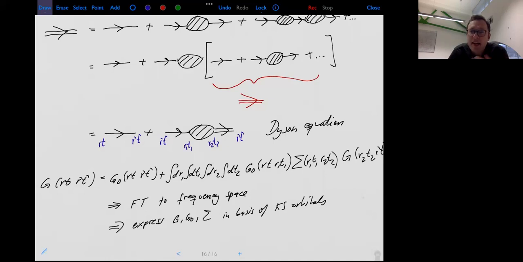We have established in the last lecture that the non-interacting Green's function is a diagonal matrix in that basis. And it turns out that it is often a good assumption to treat also sigma and G as diagonal in the space of Kohn-Sham orbitals. But it's not always true, but very often it is.